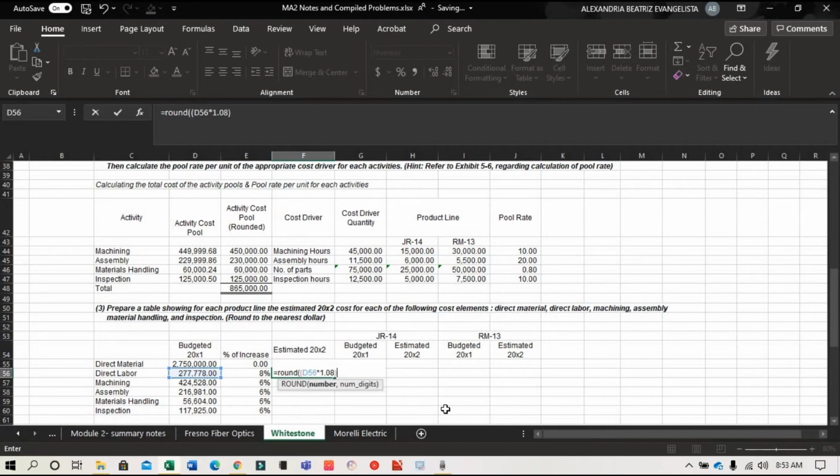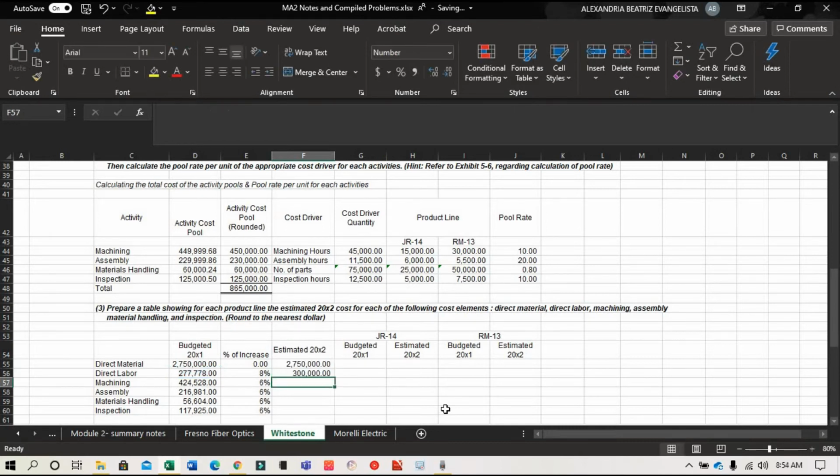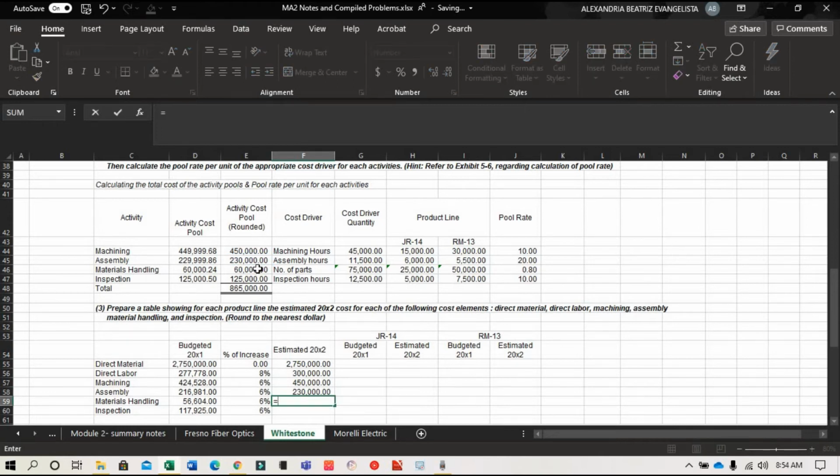That would give us 300. And of course, for machining, assembly, materials handling and inspection, we have already computed that. We're just going to copy it. So for machining, again, it is 450,000. For assembly, that is 230,000. For materials handling, that is 60,000. And lastly, for inspection, that is 125,000.